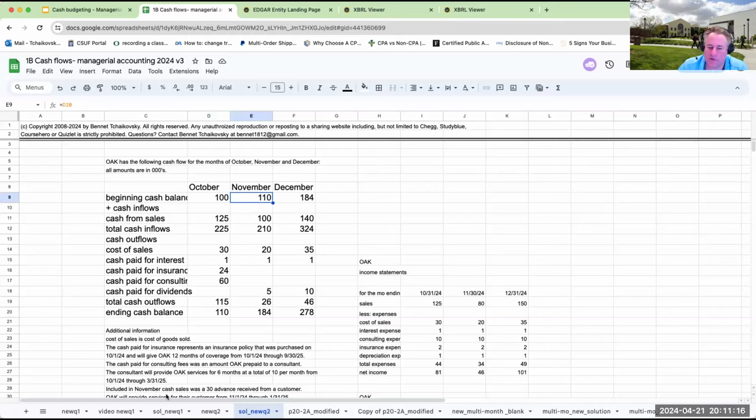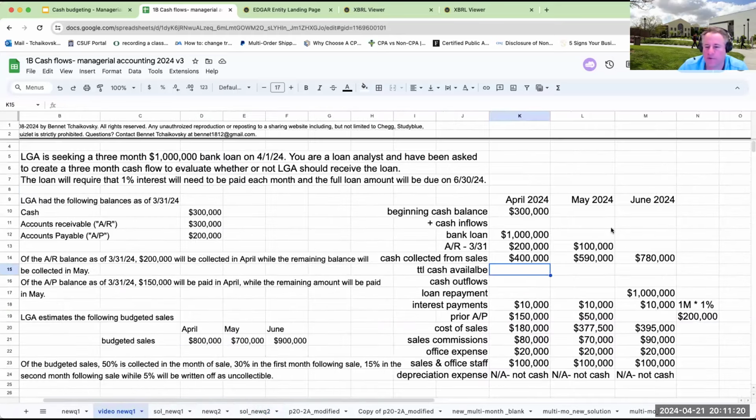So when we're going through and doing this question, be really careful about how we do it. My cash available, beginning, plus the bank loan, plus the AR, plus the cash collected from sales is 1.9 million.